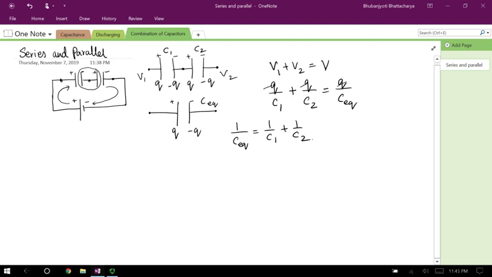And in fact, this formula can be continued with situations where you have 2, 3, 4, or more capacitances, C1, C2, C3, C4, etc. in series. So this is a circuit where the capacitances are in series.